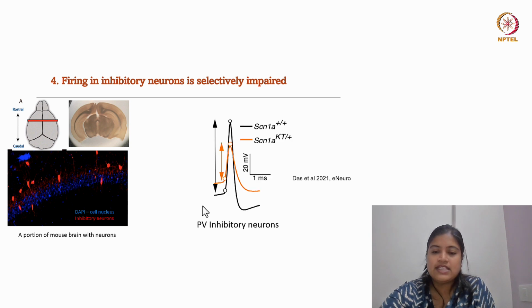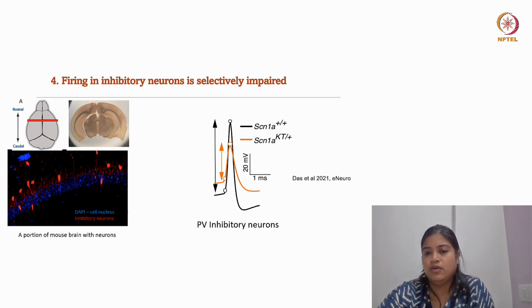So when we look at the PV inhibitory neurons, they are a kind of GABAergic neurons in the mouse brain. We found that the action potential amplitude was reduced in the heterozygous mice compared to the control mice, which are shown here in black. So the amplitude of the action potential firing was reduced in the mutant mice.